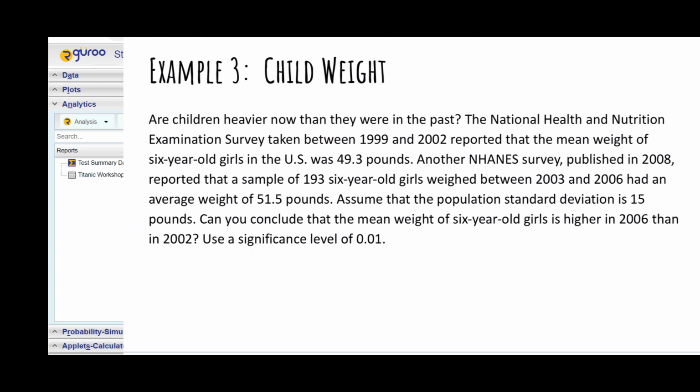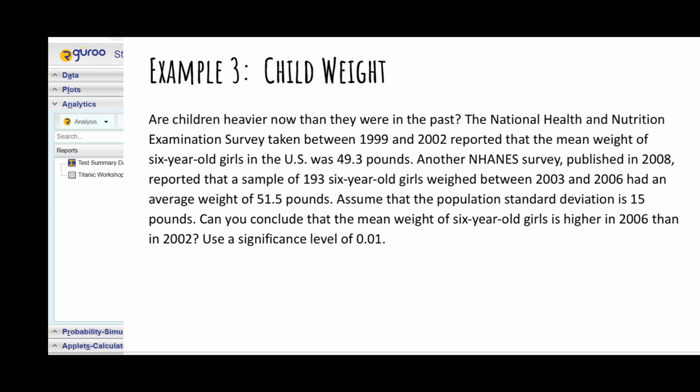Let's do another one. Example 3. Are children heavier now than they were in the past? The National Health and Nutrition Examination Survey taken between 1999 and 2002 reported that the mean weight of 6-year-old girls in the U.S. was 49.3 pounds.